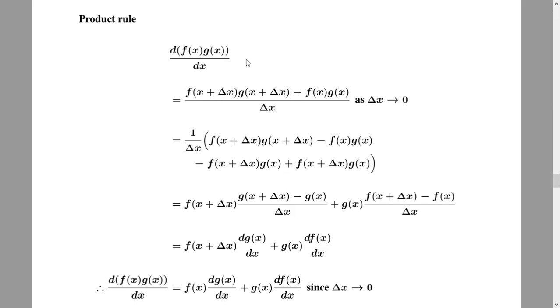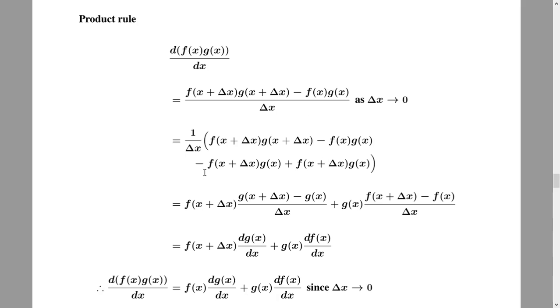Suppose you want to find the derivative of the product of a couple of functions, f of x and g of x. How do you go about that? It's actually quite easy. Let's again start from the definitions. The derivative of f of x times g of x with respect to x is this thing here as delta x tends to 0.